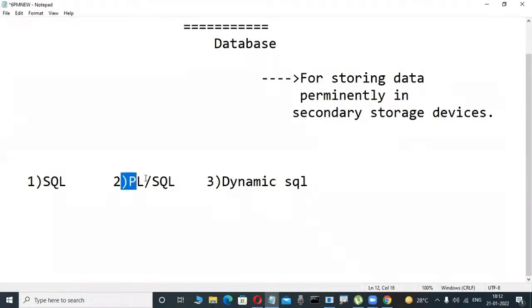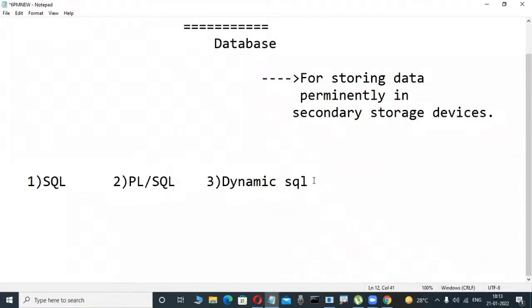But why PL/SQL, which is some programming like C++ or Java? Why is this language really required? So many jobs are available in PL/SQL also. Why is this language required? Because of so many applications.